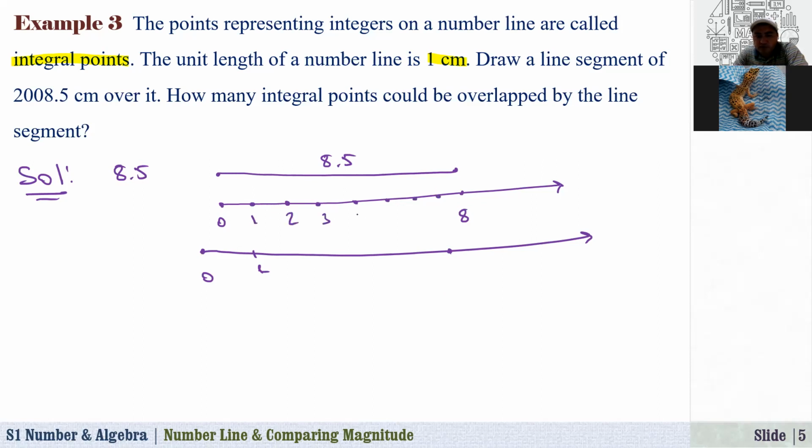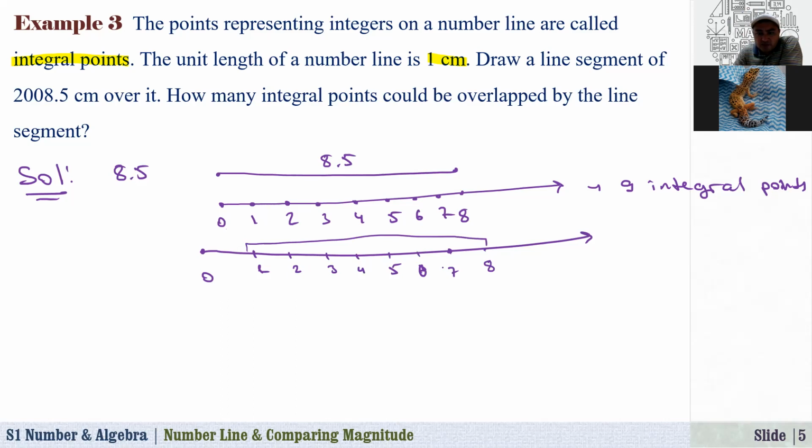We are starting from 0, so here we have 9 integral points. In the second one, the first point is 1, then 2, 3, 4, 5, 6, 7, 8. Only these points, so we have 8 integral points.